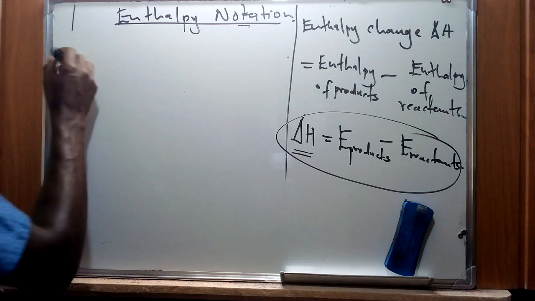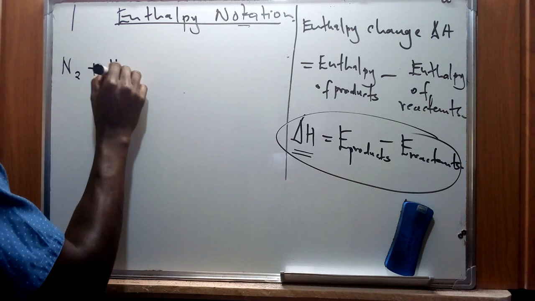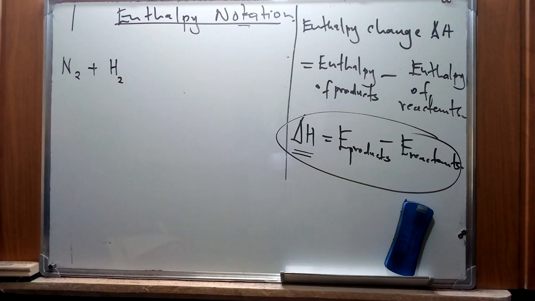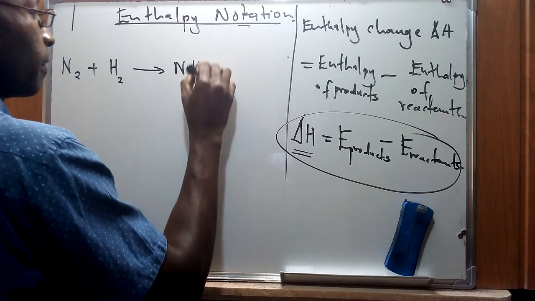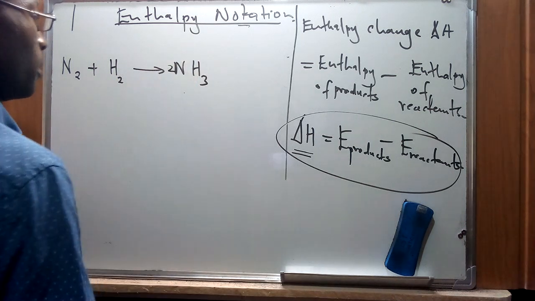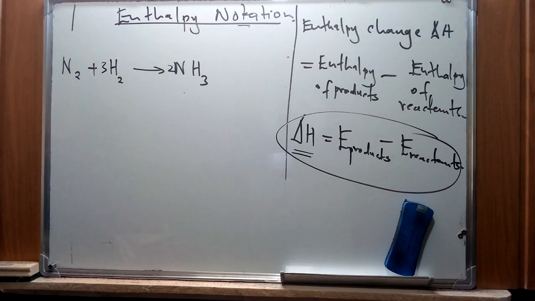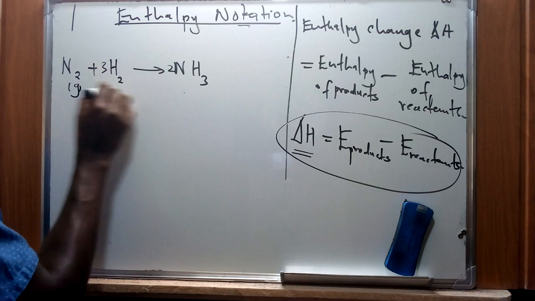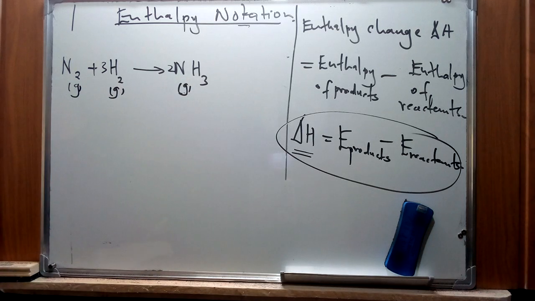Now, suppose we have a reaction for formation of ammonia using nitrogen and hydrogen. So this is going to form ammonia. This is a balanced stoichiometric equation whereby the states for these reactants and the product are gaseous.